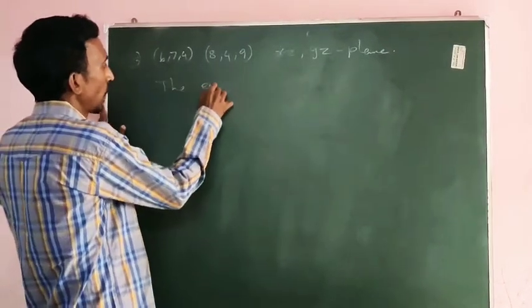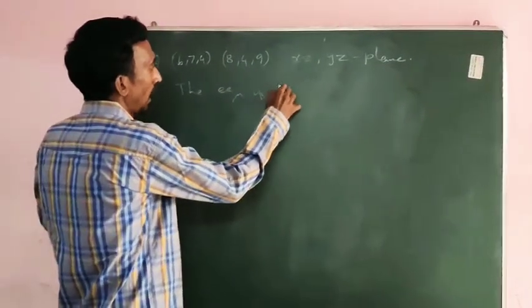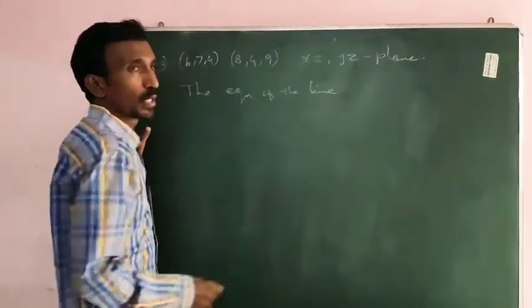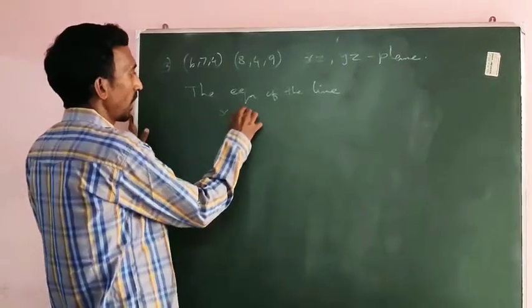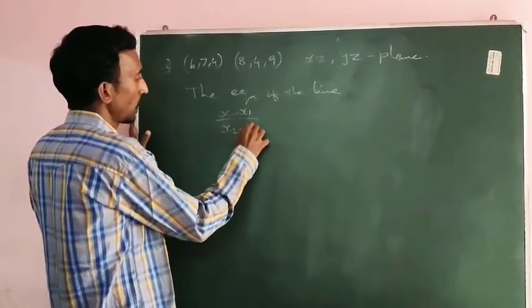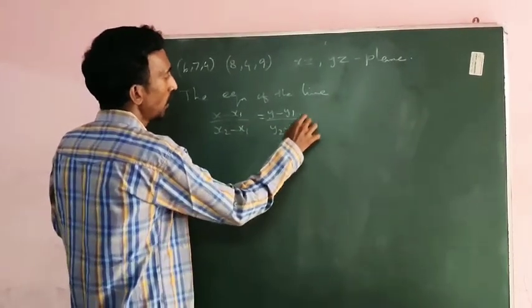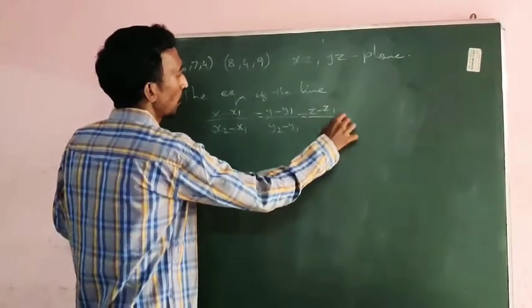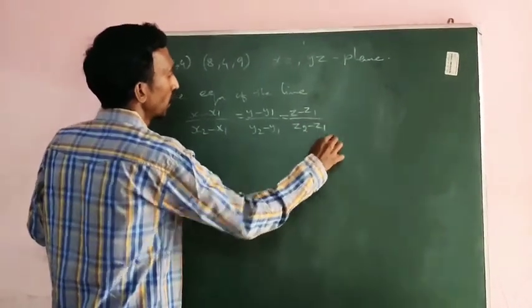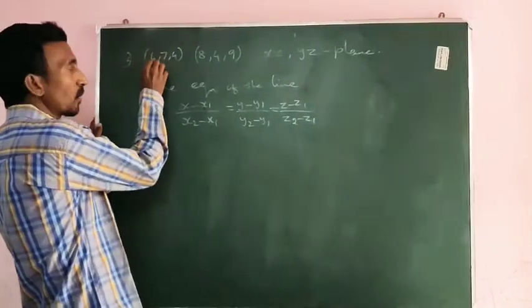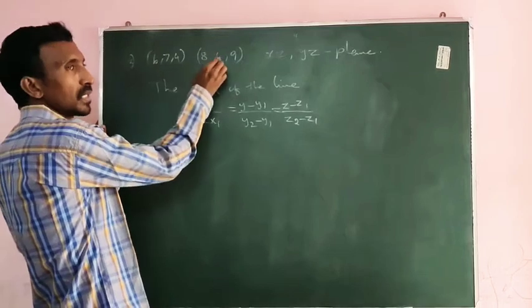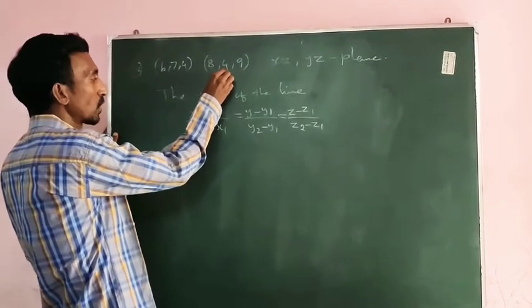Okay, the equation of the line: use the two-point formula, (x minus x1) by (x2 minus x1) equal to (y minus y1) by (y2 minus y1) equal to (z minus z1) by (z2 minus z1). Take the first point as x1, y1, z1 and the second point as x2, y2, z2.